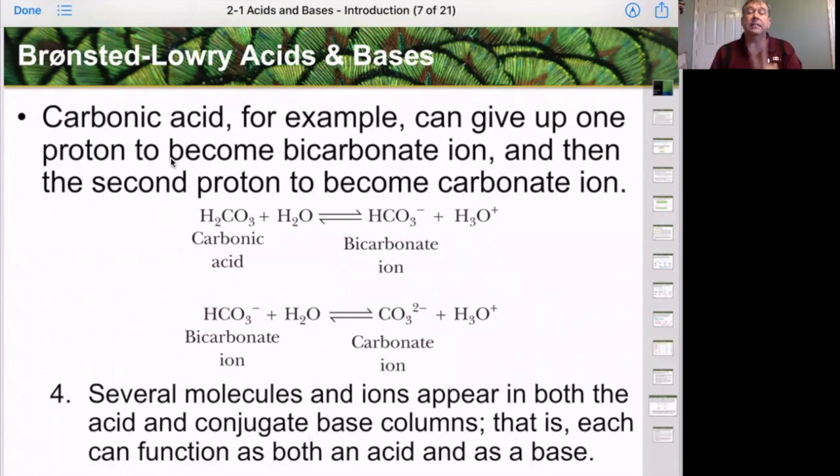It transferred the second hydrogen to water to create the carbonate ion and a second equivalent of hydronium. Okay, that's why things will appear in different places on that scale, because the carbonic acid has 2 protons. It's going to be more acidic than the bicarbonate ion that has 1 proton. So the carbonic acid is higher on the scale than the carbonate ion, but they're still both acids because they can still both transfer protons. Okay?